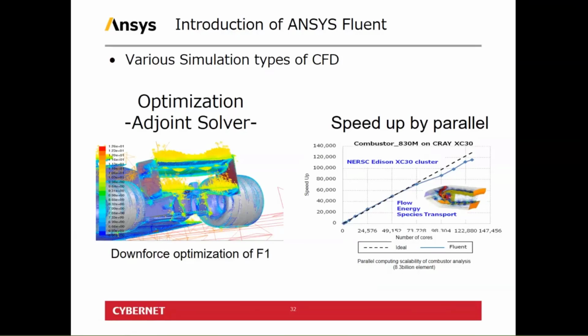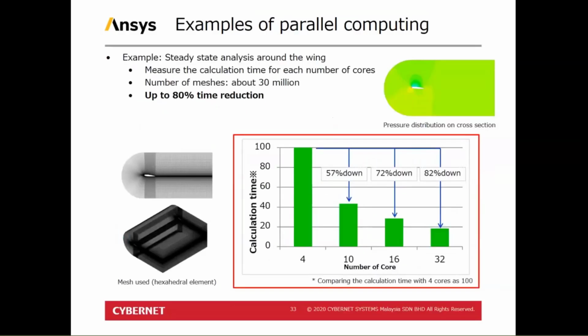You can use the parallel computing function more effectively in case the model is very complicated and you need a high quality result. Okay, this is the result of the benchmark test of parallel computing. By increasing the number of cores, you can decrease calculation time. So like this.